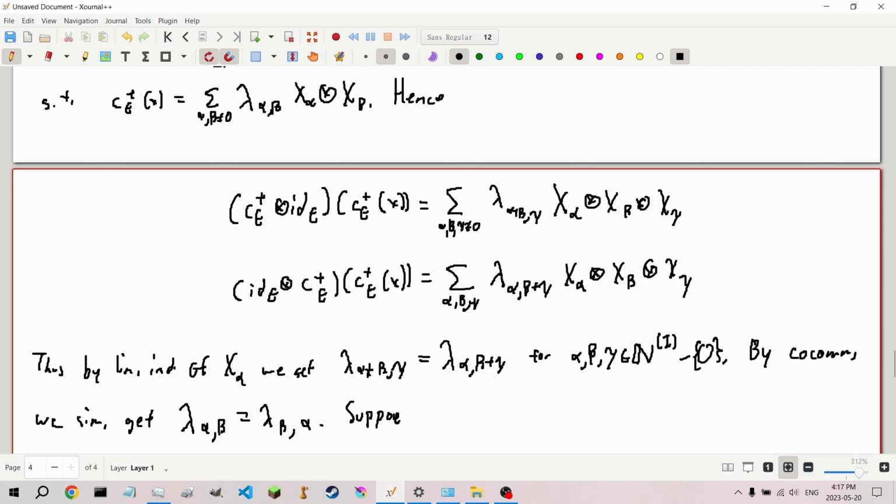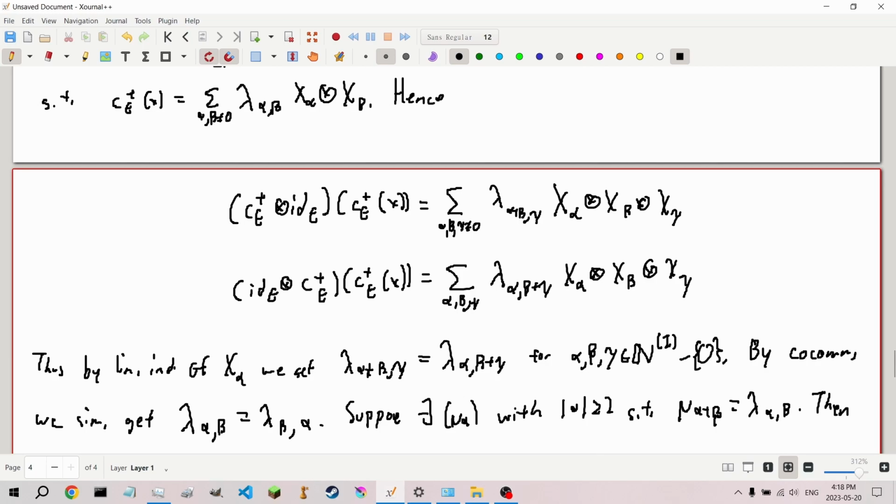Suppose there exist scalars mu sub alpha, with alpha being at least size 2, such that mu of alpha plus beta is equal to lambda of alpha, beta.